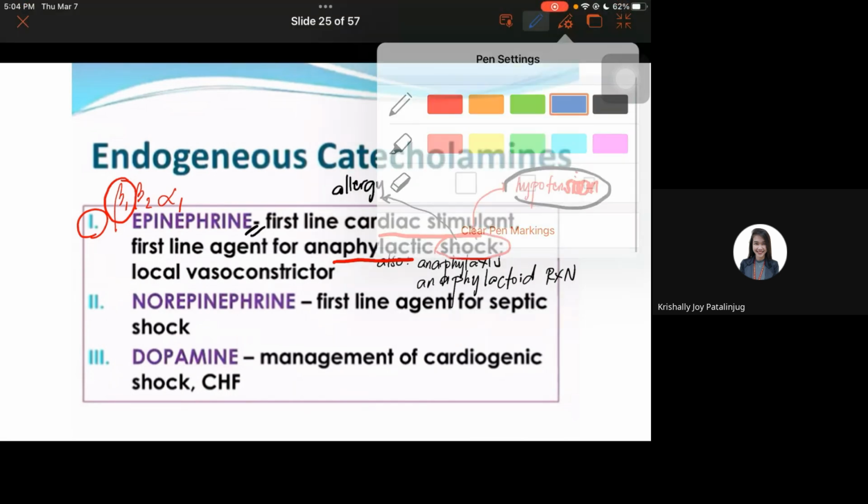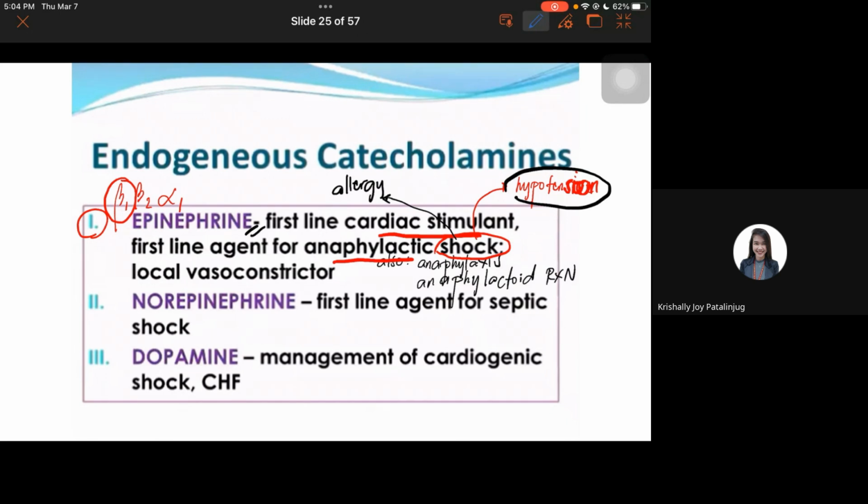Now, bakit pwedeng gamitin dyan yung epinephrine to counteract hypotension? So, meron din yung kinalaman sa kanyang receptor affinity. Diba sabi natin may affinity siya sa alpha 1. As we all know, ang alpha 1 receptors, meron yan sila sa blood vessels. Diba? And activation of alpha 1 sa blood vessel will cause vasoconstriction. O, pag may vasoconstriction, ano yung mangyayari sa blood pressure?